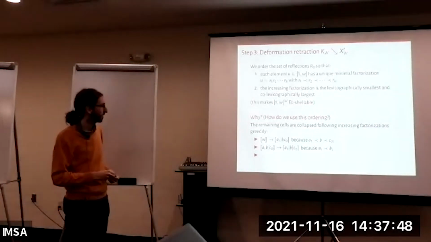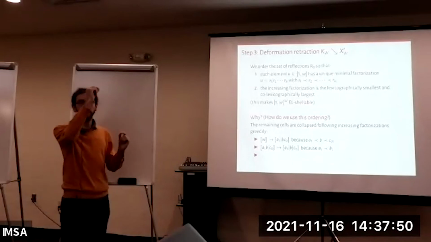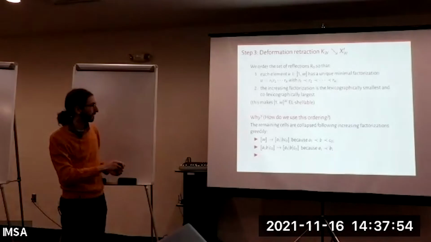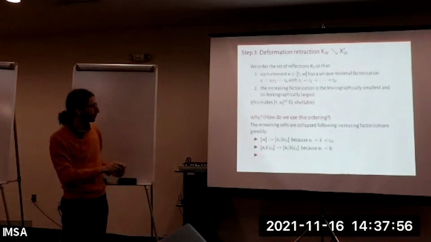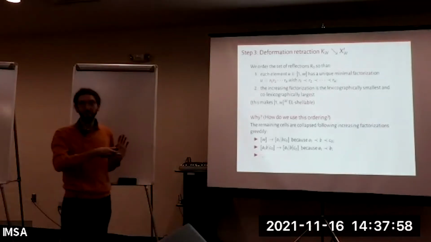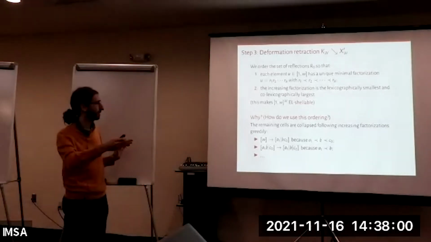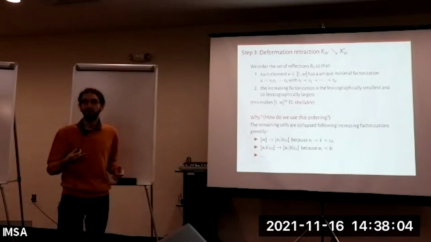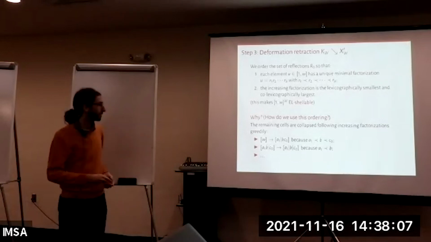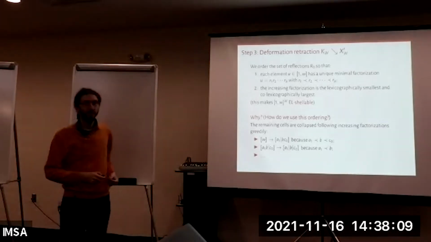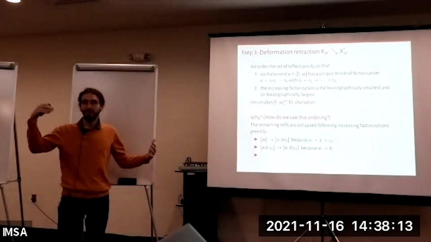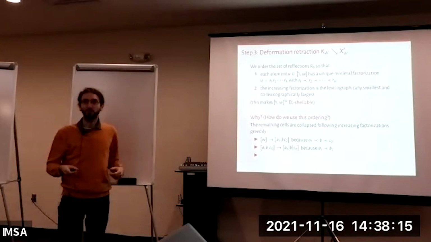So, for example, the one simplex indexed by the considered element itself, we split it into A1 pipe PC0 because A1 is the smallest reflection that divides W. So we kind of get canonical directions to proceed in our collapsing.